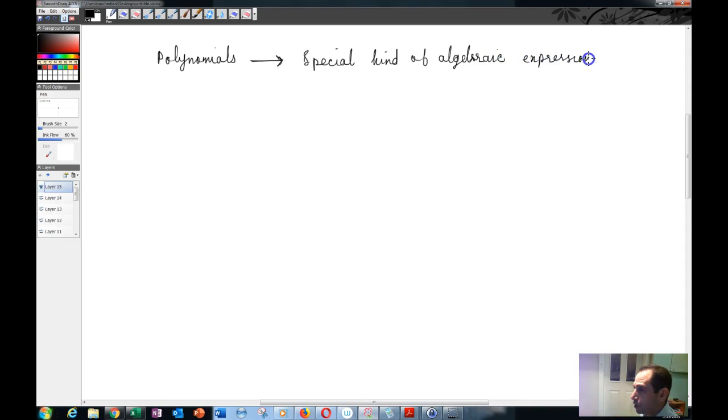And what I mean by that is that, for example, you could have an algebraic expression like the square root of x plus 4x, right? And if you rewrite this expression, that would be equal to x raised to the power 1/2 plus 4x.